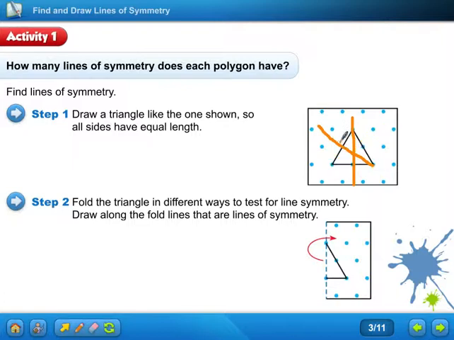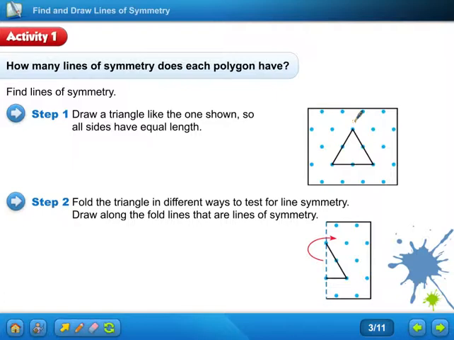Let me take those 3 lines away. Could I fold it just in half horizontally? No, I couldn't, because this would go down here and that wouldn't match up exactly.